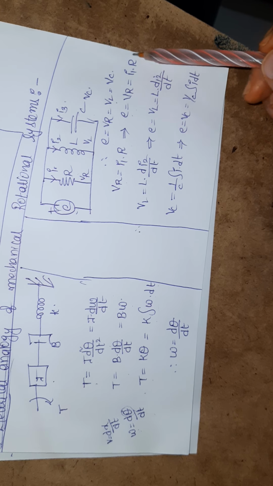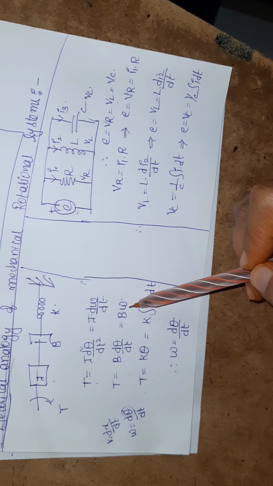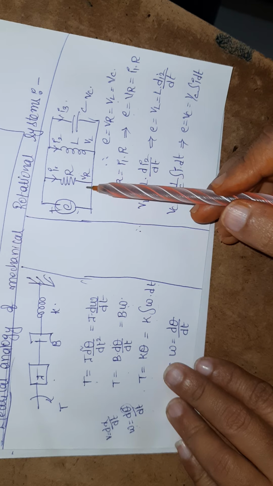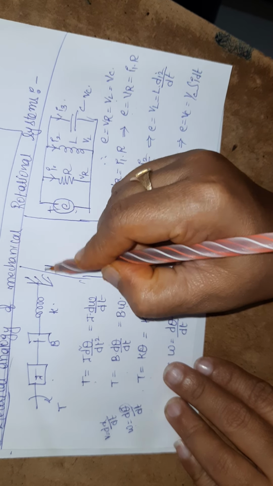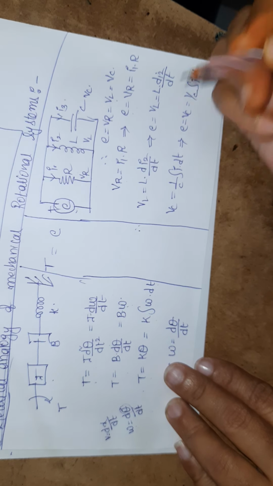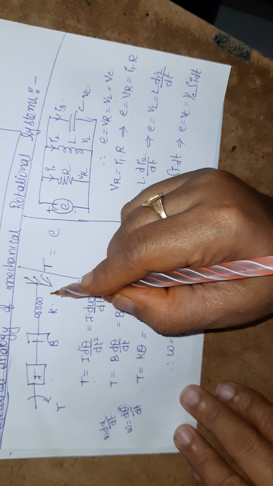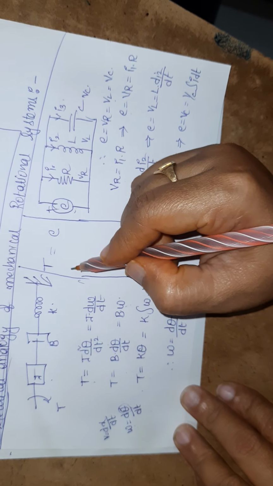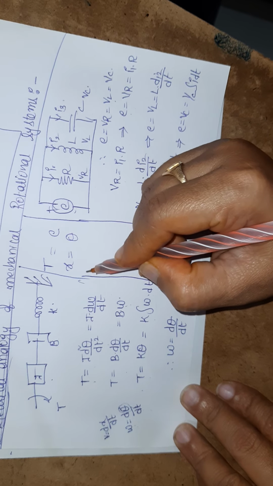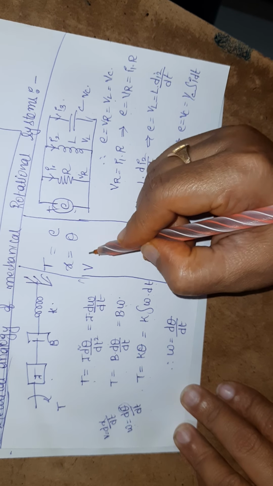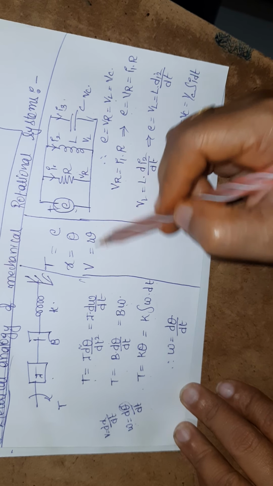Now compare I1 into R. It is just like B and omega, and it is torque to voltage. Here torque is the input, and in the electrical case E, the voltage source, is the input. Here we have linear displacement, angular displacement, linear velocity, angular velocity. From these two I got these two.